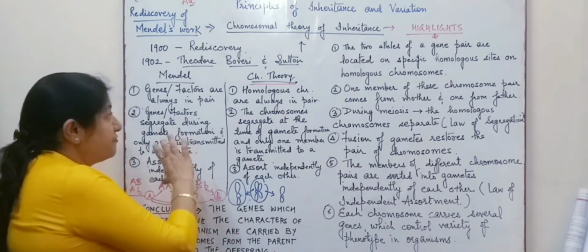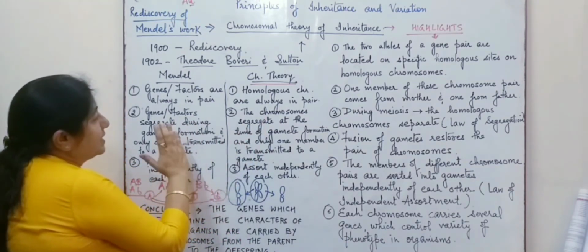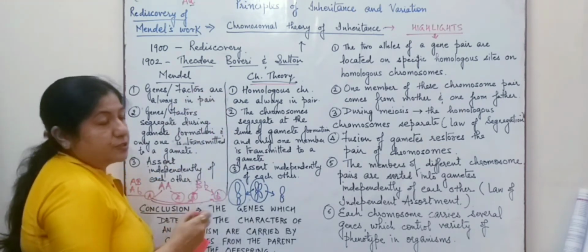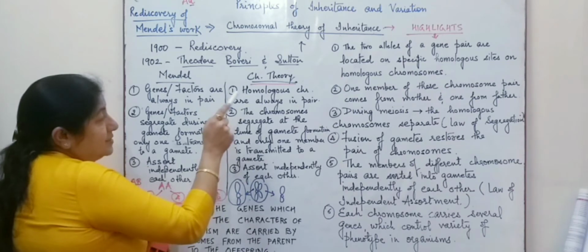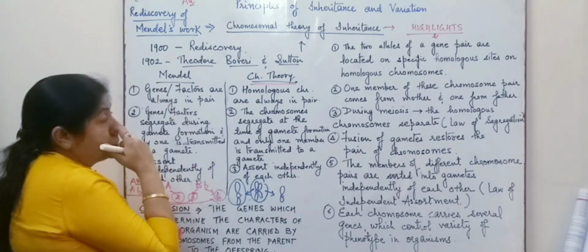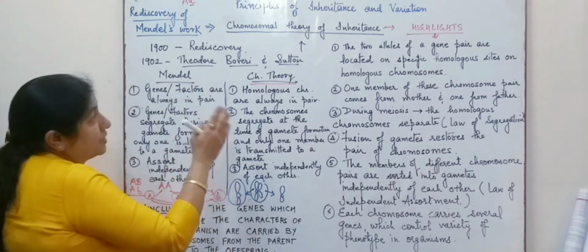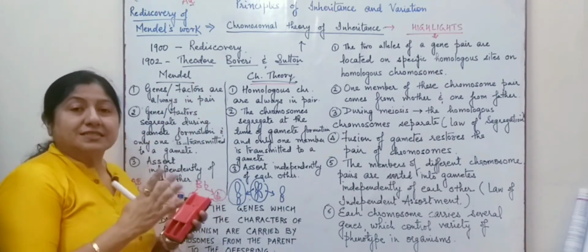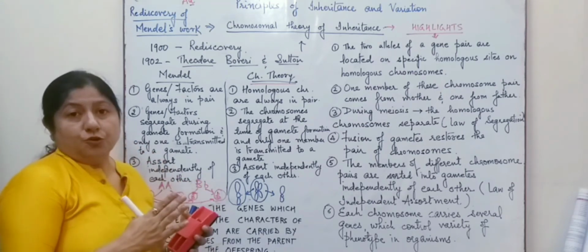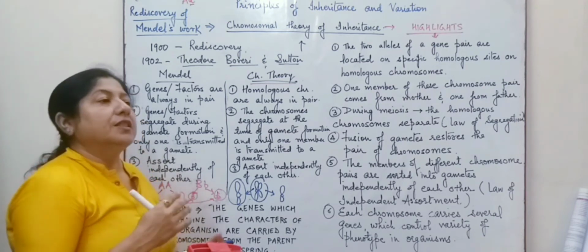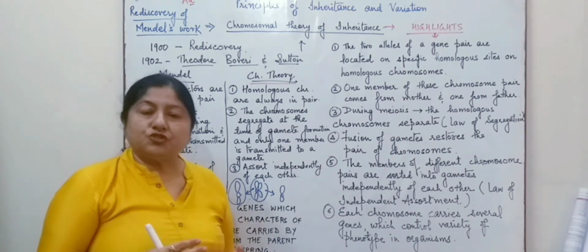If we study carefully, we find there is a lot of similarity between the theory proposed by Boveri and Sutton and the work done by Mendel. So the chromosomal theory of inheritance gives us an insight that it is the chromosomes which are the carriers of the genes, or in other words, the chromosomes are the vehicles of the genes.